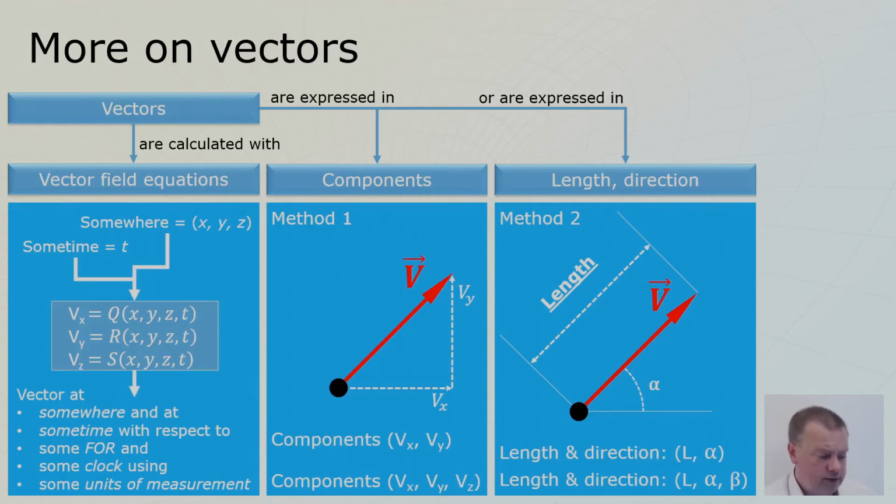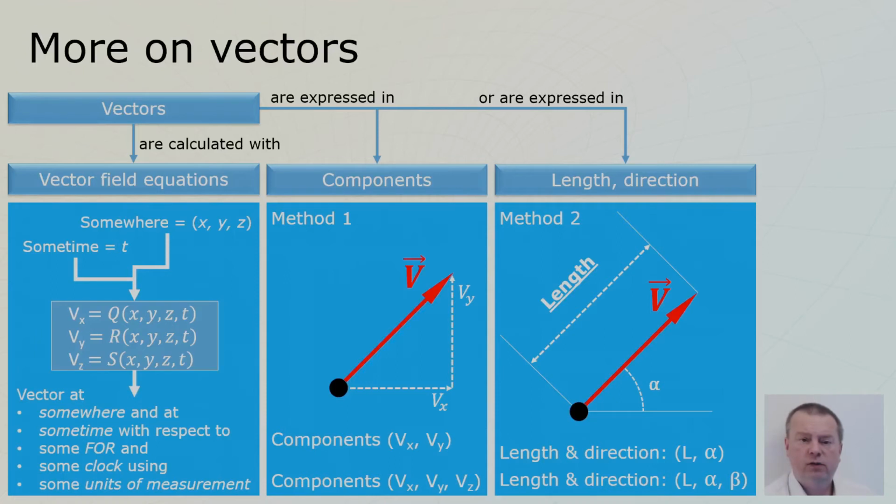So we pick some time. And then in the box, and we will see some examples later, we calculate the components using method number 1. We calculate the components of the vector. And out comes the vector at that specific somewhere, x, y, z, and that specific time, t. So this is all there is to it.